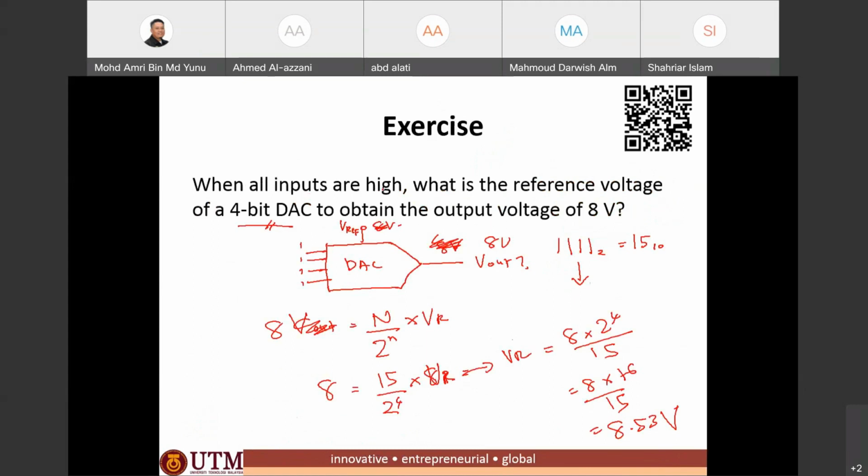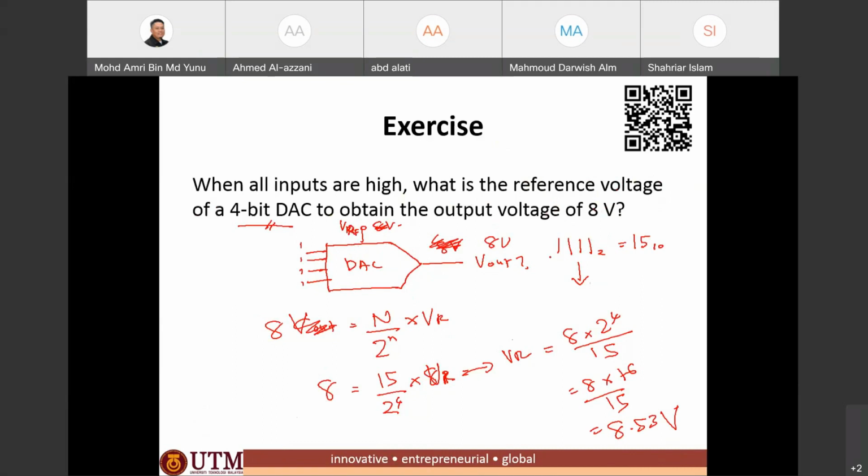When all our inputs are high, what is the reference voltage? Find the reference voltage. We can use the second formula. We need to find VR. Use this formula, but the output is 8 volt.